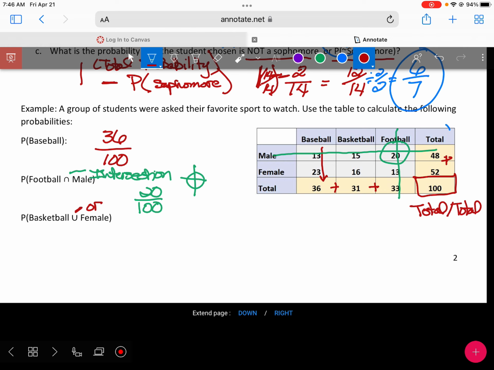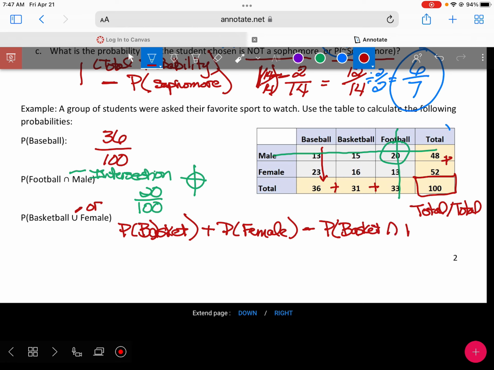And remember, that means the probability that they do like basketball, I better put basket because baseball also starts with a B, plus the probability that they are female minus the probability that they are an intersection of both basketball and female, because I don't want to count them twice. Okay? All right, so let me move this off for just a minute.